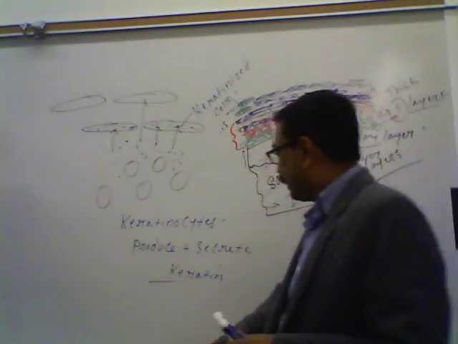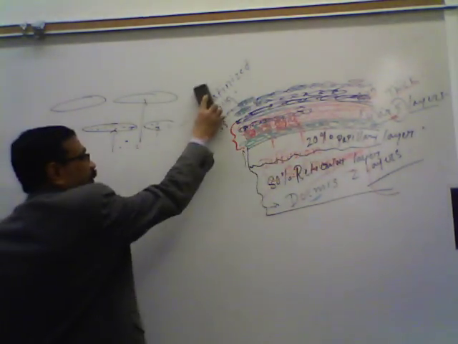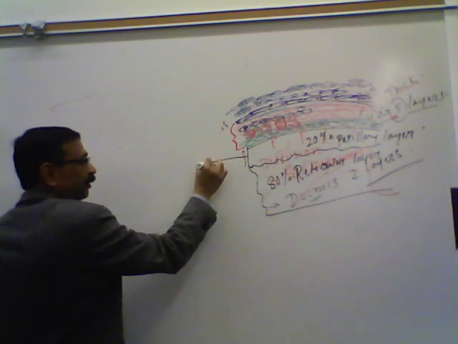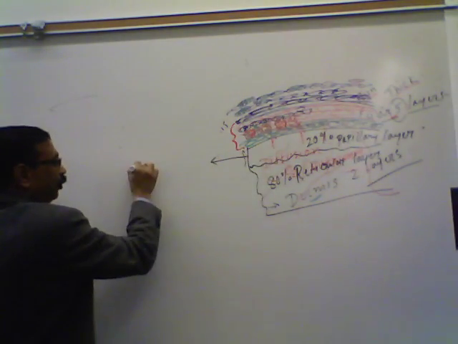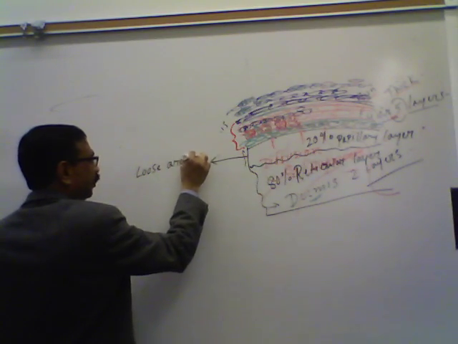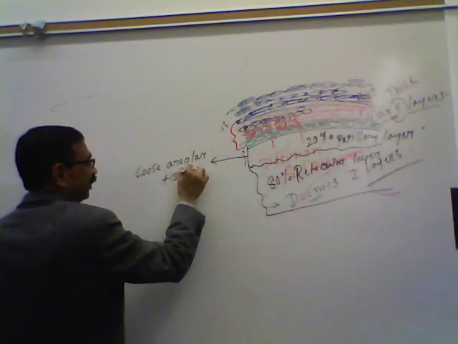Now you need to know what kind of tissue forms those two layers. The papillary layer is formed by loose areolar connective tissue. You already know loose areolar connective tissue, right?